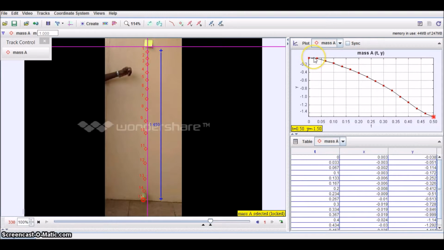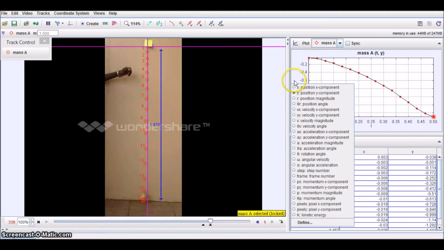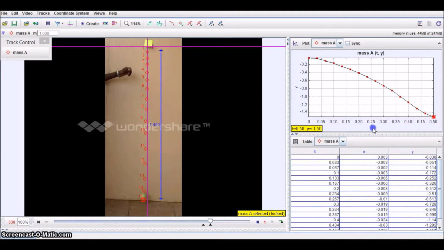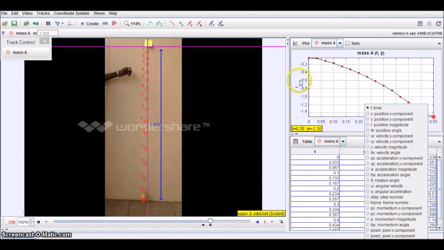As you can see, it is a curve, and it is a distance time graph.